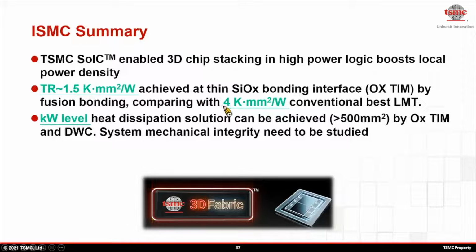Its resistance is reduced by more than 50%. Further improvement can be achieved by direct water cooling, and a kilowatt power level heat dissipation solution can be achieved by the two proposals, oxide tin and the DWC. System mechanical integrity needs further study.